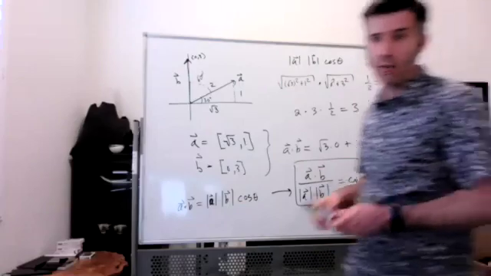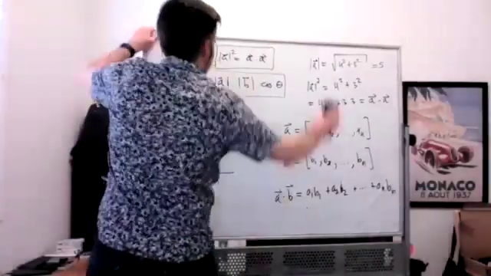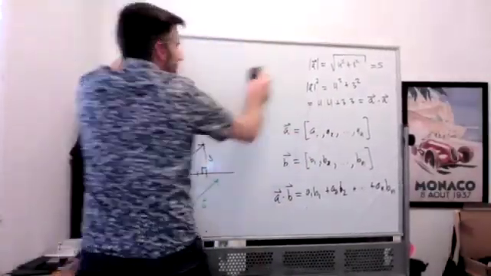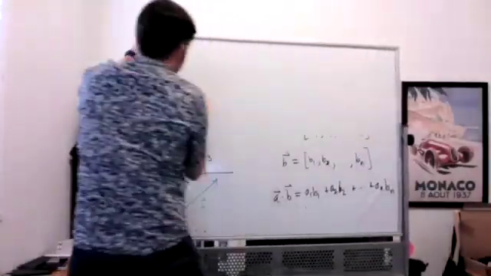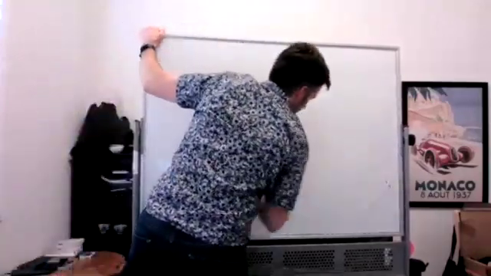So let's do a couple examples. Actually, before we do, let me say three more things. This is probably not super important in this class, although she did kind of talk about this.